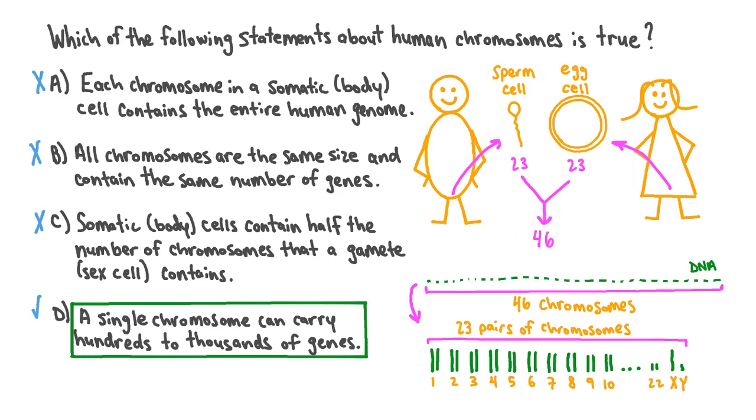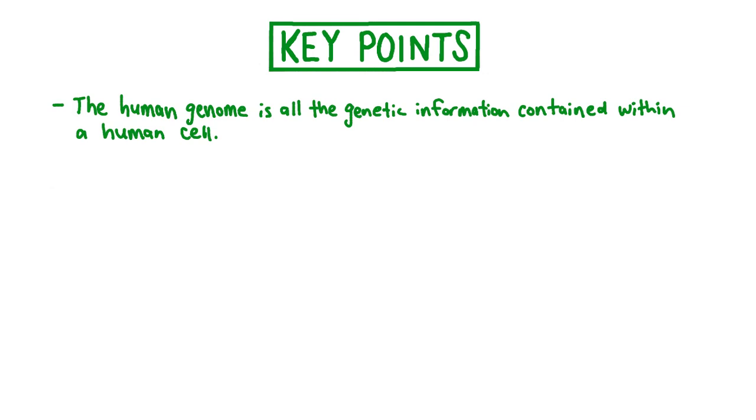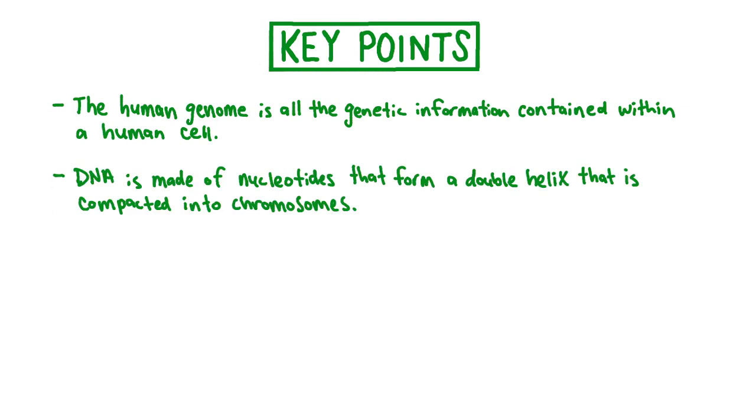Now let's take a moment to go over the key points that we covered in this video. The human genome is all the genetic information contained within a human cell. The human genome is made up of DNA, which is made of nucleotides that form a double helix that's compacted into chromosomes. There are 46 chromosomes in most human cells.